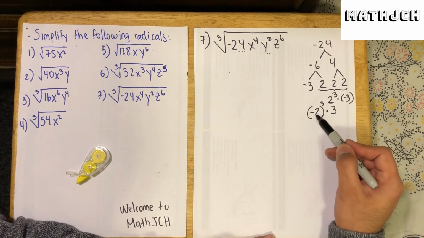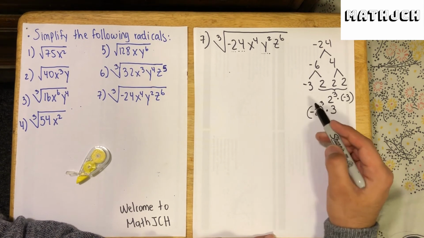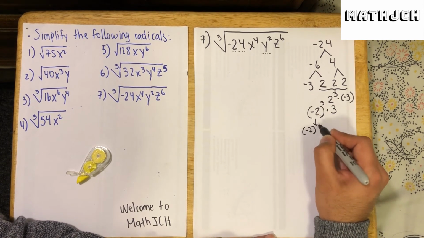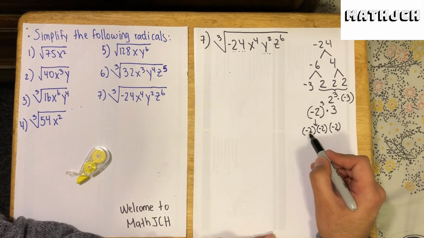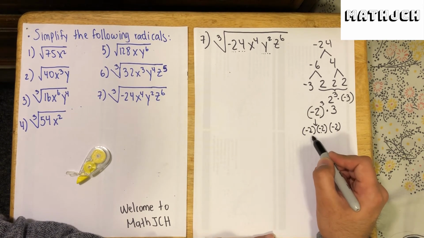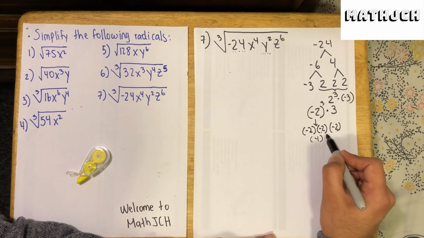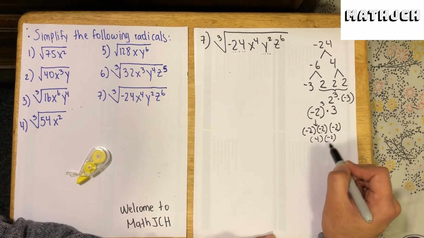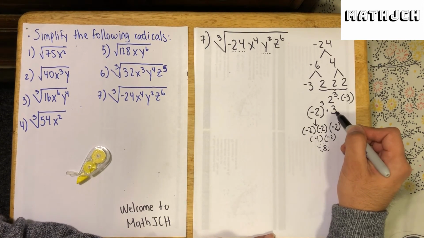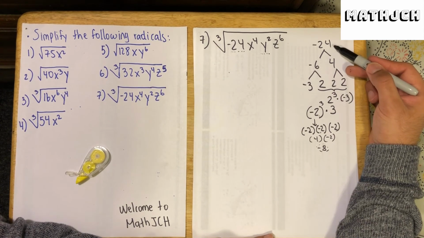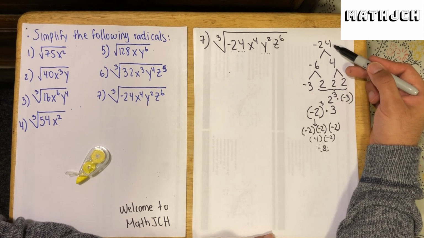So for example, negative 2 to the power 3 means negative 2 multiplied by itself 3 times. That means negative 2 times negative 2 gives me positive 4. And positive 4 multiplied by negative 2 gives me negative 8. And this negative 8 multiplied by 3 also gives me negative 24.